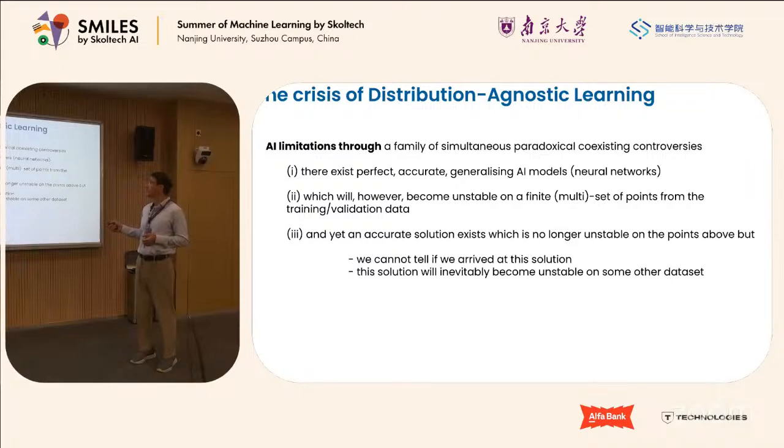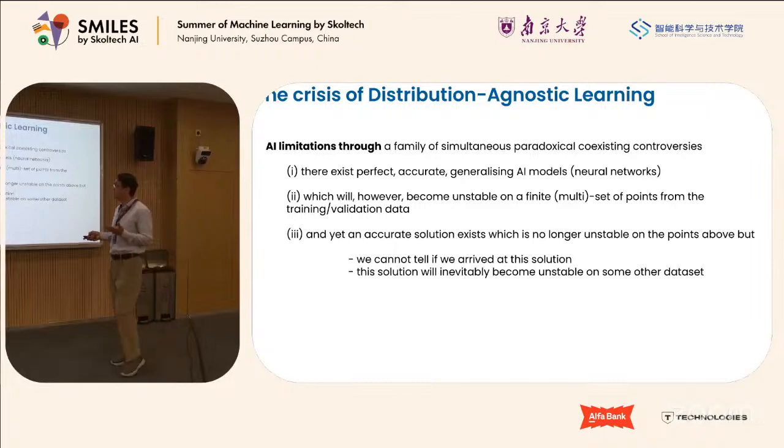However, this model becomes unstable on a finite but large multi-set of points from the training validation data. And yet, accurate solutions exist which are stable. The problem is that you cannot get them. And then they become unstable, of course, for another distribution.